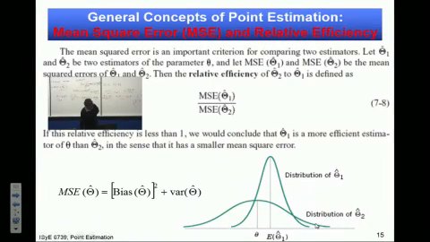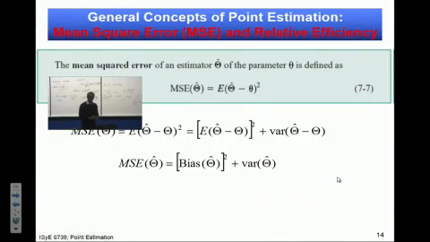Your second estimator is unbiased because it's exactly theta. But if you compare them, the biased one has less variance. So we want to define a criterion which considers both bias and variance together. This criterion is called mean square error.